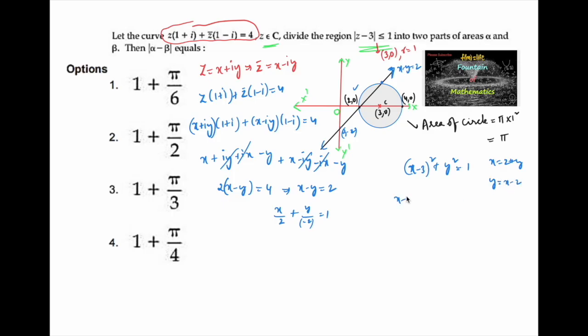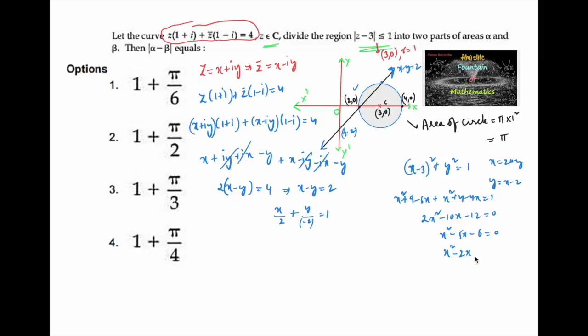So we can write x minus 3 whole square, so we can write x square minus 5x minus 6 is equal to 0.